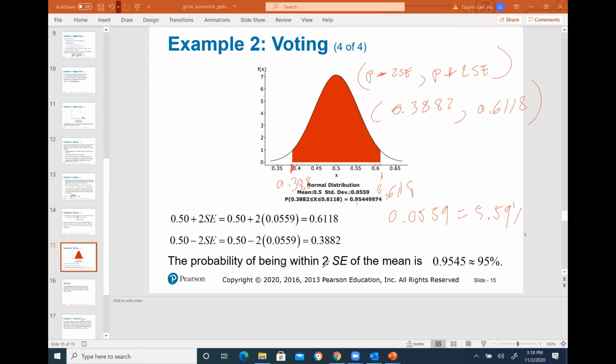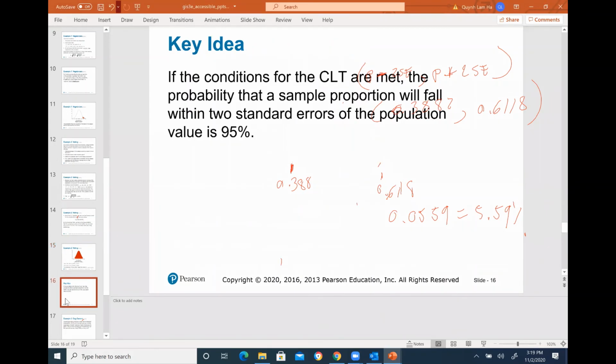The probability of being within two standard error of the mean is 0.9545. We can estimate it as 95%. The key idea: if the conditions of the central limit theorem are met, the probability of a sample proportion falling within two standard error of the population value is 95%.